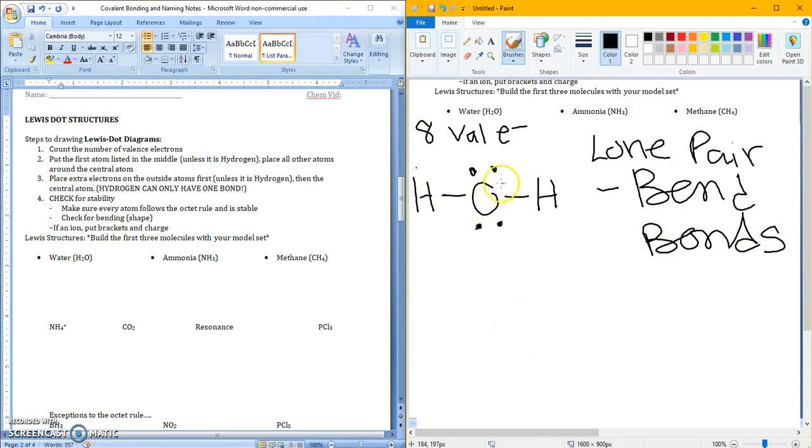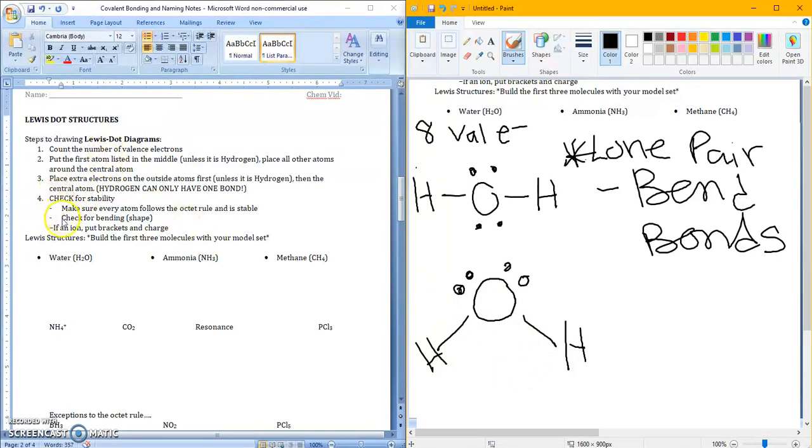And what I mean by that is that these electrons, instead of being right on top of each other like this, they're going to bend the bonds with the hydrogen down slightly so that the lone pairs can come up here and have more room and less repulsion. Okay? So whenever you see lone pairs, you are always going to bend your molecule. Okay? So this is checking for bending, which I just did.